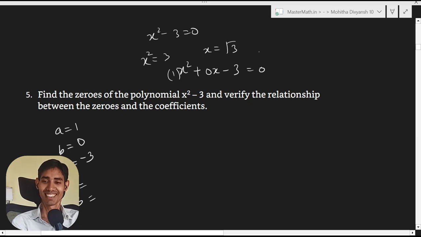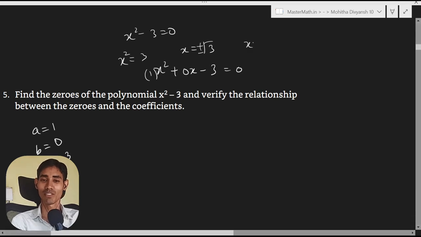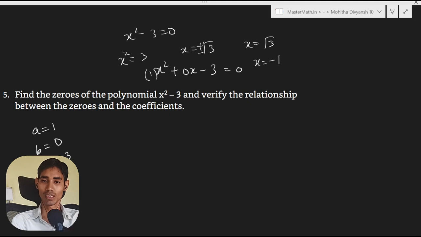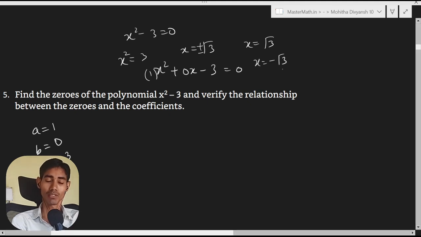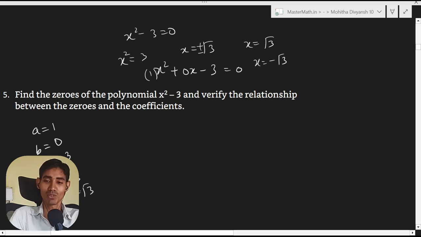So we have one value of zero as positive root 3 and another as negative root 3. So alpha is root 3 and beta is minus root 3.